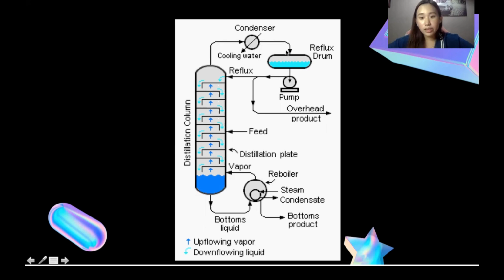And then here is the reflux drum. So this one is used to hold the condensed components, so it can be recycled back to this stream and have another distillation process. But it also holds the other side, which is the overhead product. So anyway, this will all be discussed shortly.